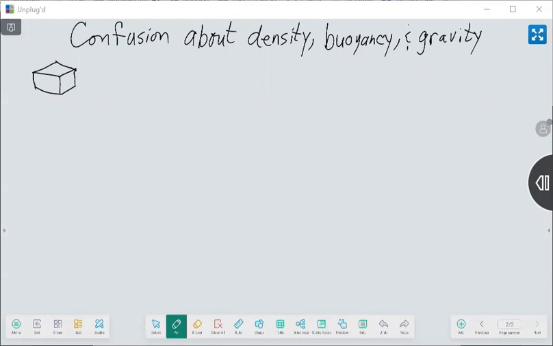There's a lot of confusion out there in Flerfs world about density, buoyancy, and gravity. So I decided to make a little video about it and hopefully clear it up. First, we're going to take an object.